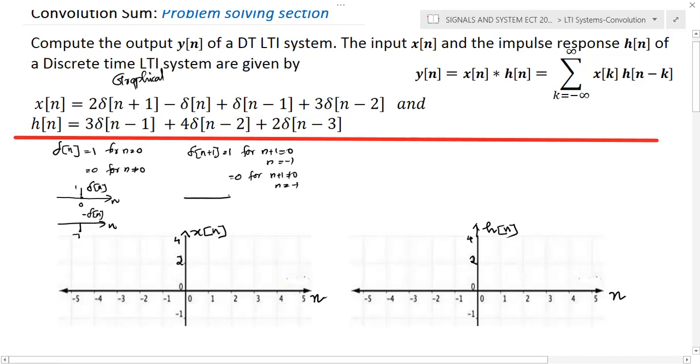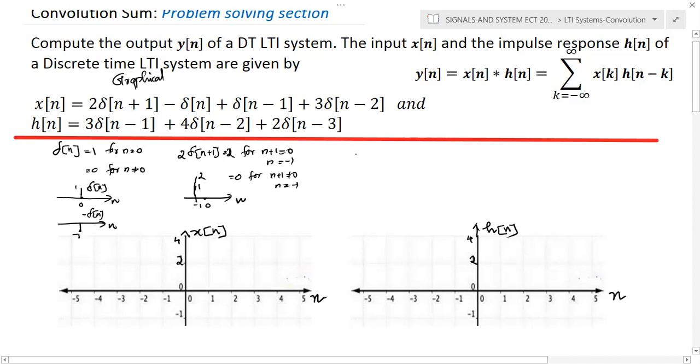So you can draw another graph for this del of n plus 1. Here the index values are n equal to 0 and minus 1, and this signal exists only at n equal to minus 1, whose amplitude is 1. But in the question it is given 2 into del of n plus 1, so you multiply it by 2, and here we can indicate the amplitude 2. So that is the signal 2 del of n plus 1.